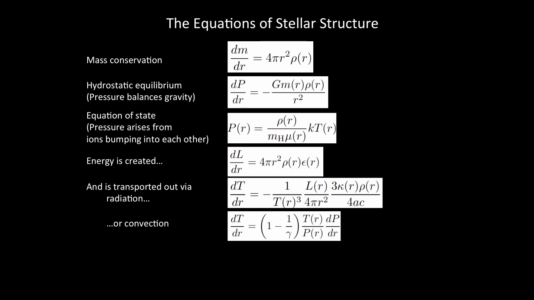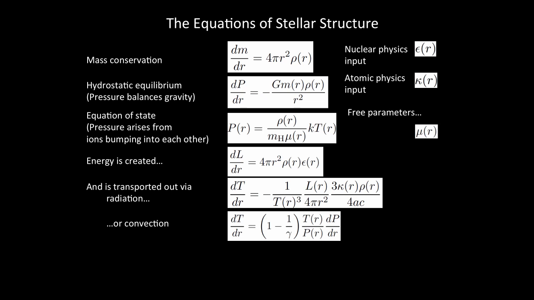The input into these equations comes from nuclear physics and atomic physics via the energy generation rate, epsilon, which is calculated using the physics of nuclear fusion, and the opacity in the star, which is calculated using what we know about atomic physics. There are also always going to be some free parameters in the model that we don't know ahead of time. The mean molecular mass, which tells us the composition of the star, we don't know ahead of time. We don't know quite what chemical elements are there in the interior of the star.